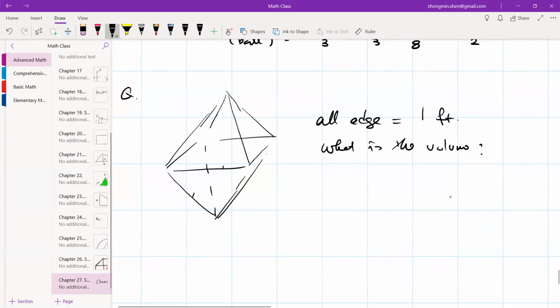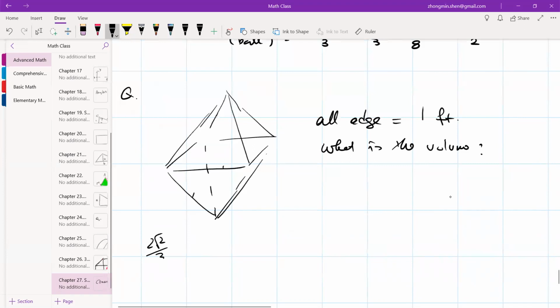2 times square root 2 divided by 3. So someone gave me the answer 2 times square root 2 divided by 3. Alex. Alex got it.